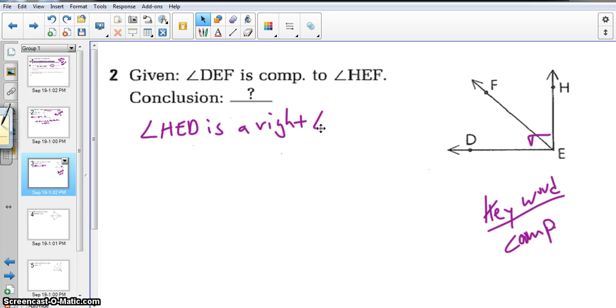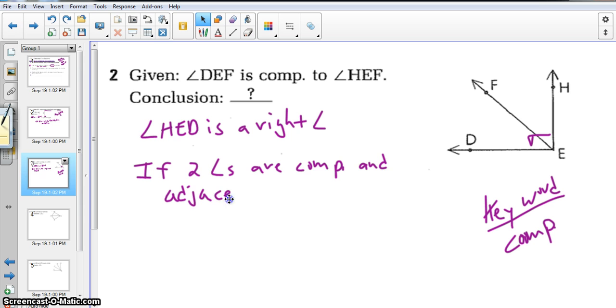And our reason for this one would be if 2 angles are complementary and adjacent, then they form a right angle.